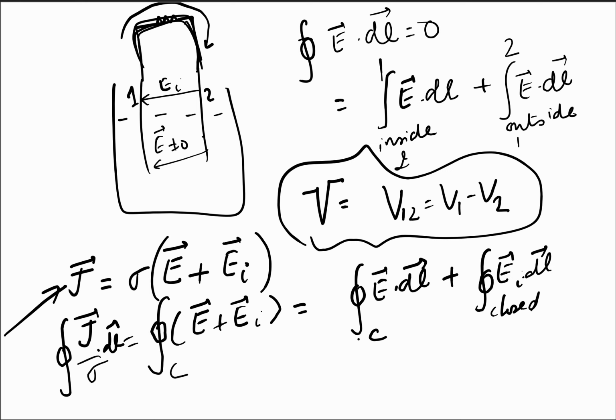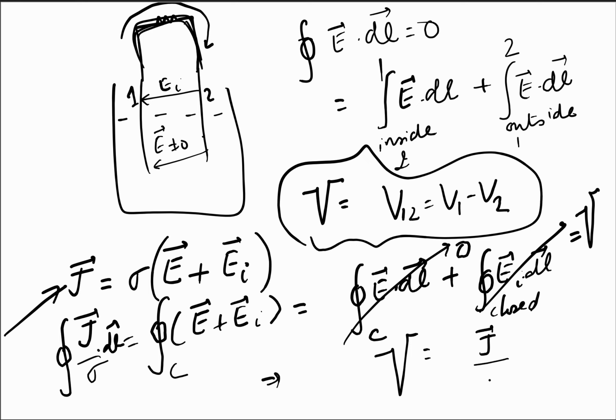Now this is equal to 0, but this is just equal to the EMF induced. So you see that this EMF induced is equal to the integral of J over sigma dot dl, because this J is because of both the electrostatic as well as the non-conservative component.